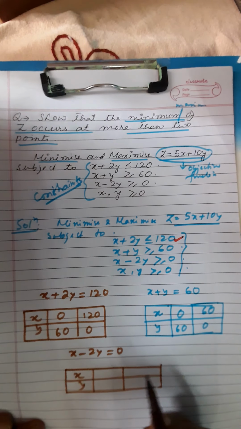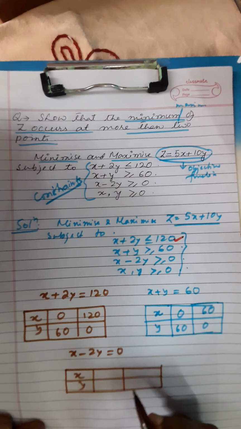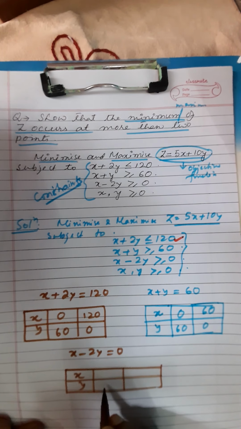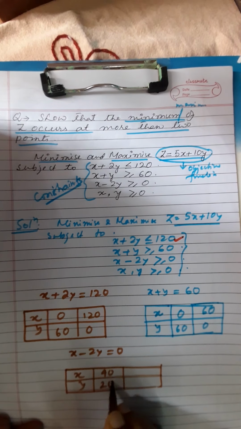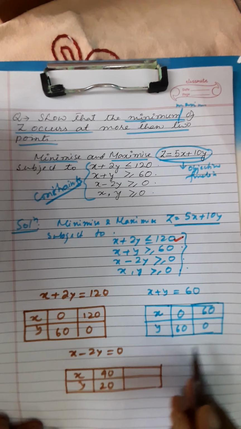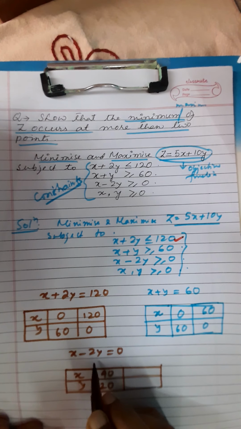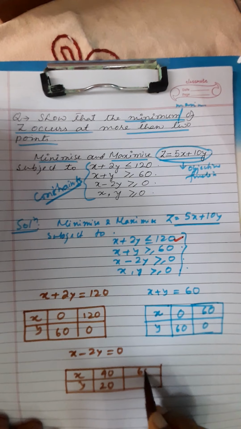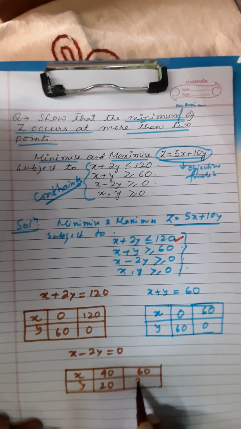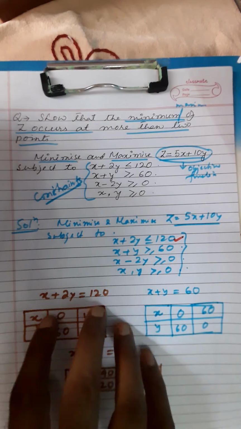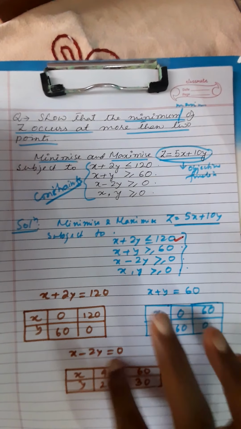If x is equal to 40, y is equal to 20. If x is equal to 60, y is equal to 30. Now we'll plot the points and draw the graph of these equations.